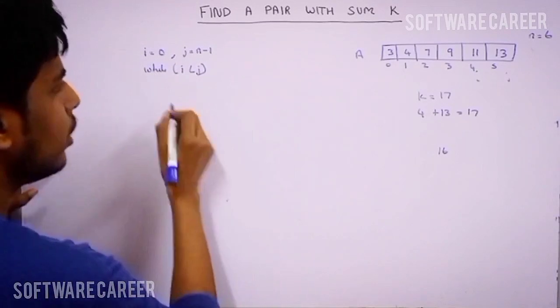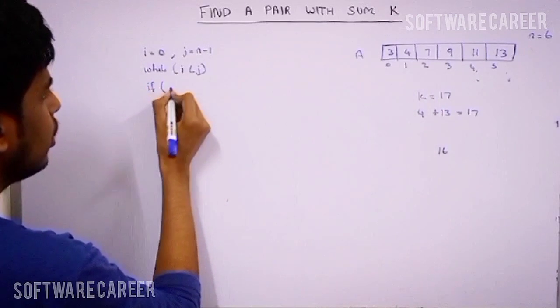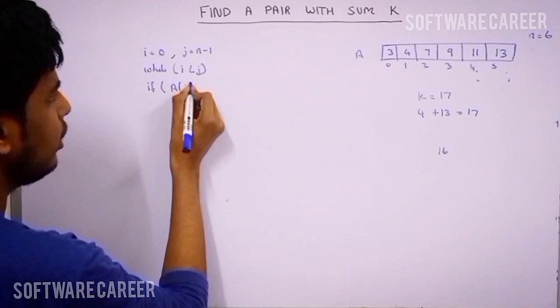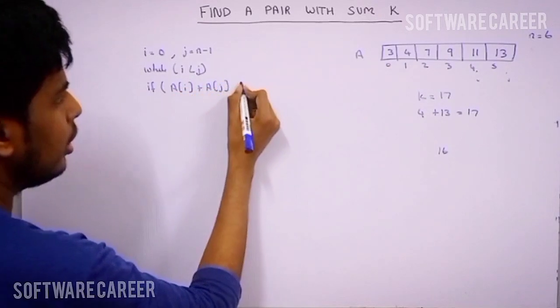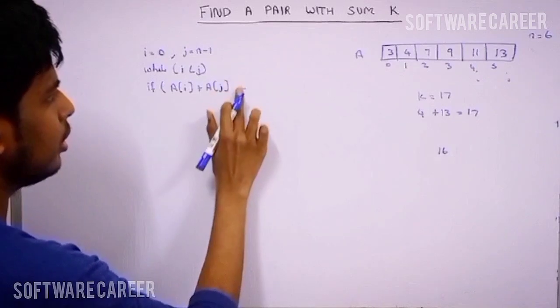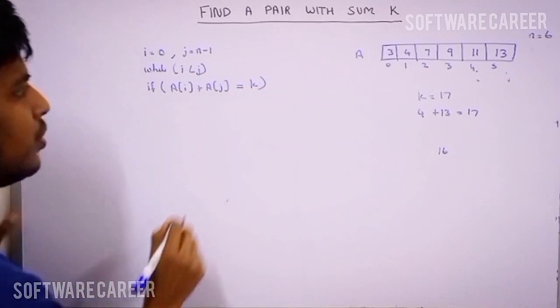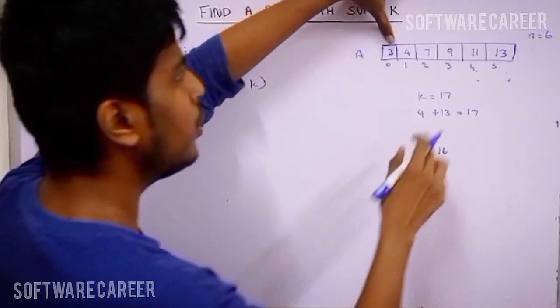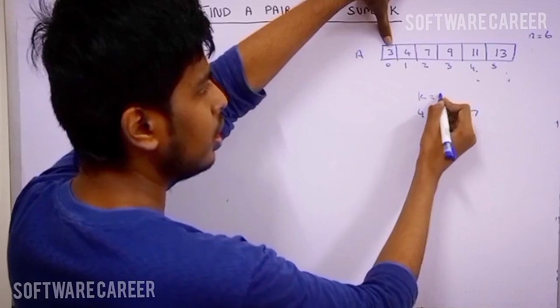Then while i less than j, if a of i plus a of j equals k. Suppose this is the condition, we have found 3 plus 13 equals 16. Suppose k is 16.